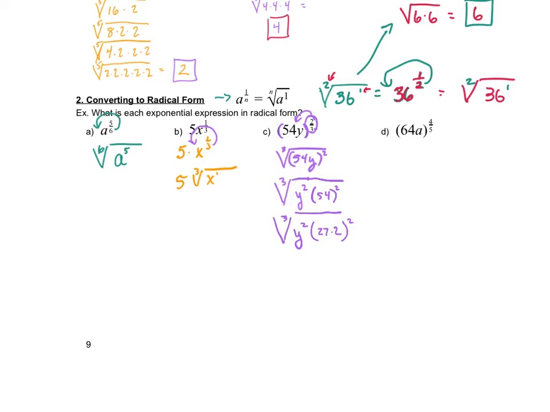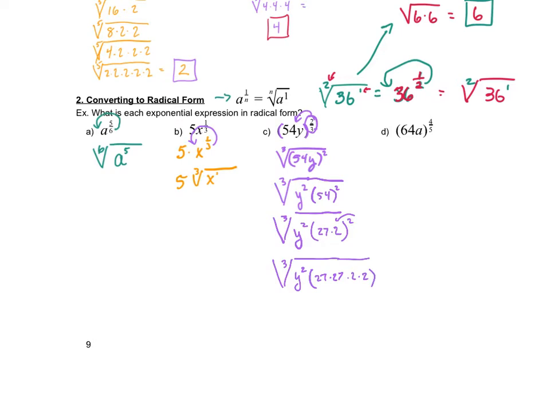Now I'm looking at 27. 27 is going to be a perfect cube. I have y squared and I haven't done anything with that. But if I distribute that 2 out, making everything squared, that's going to leave behind 27 times 27, because I have 2 of them, times 2 times 2.